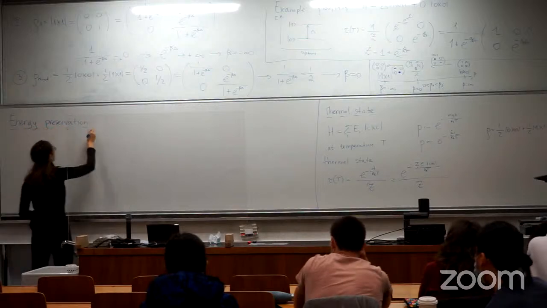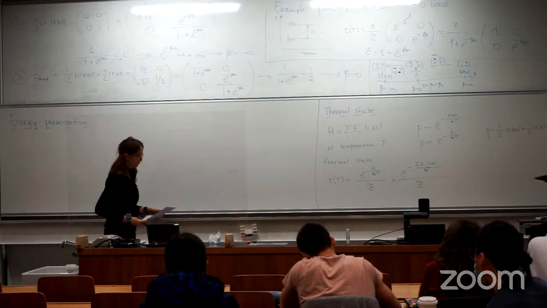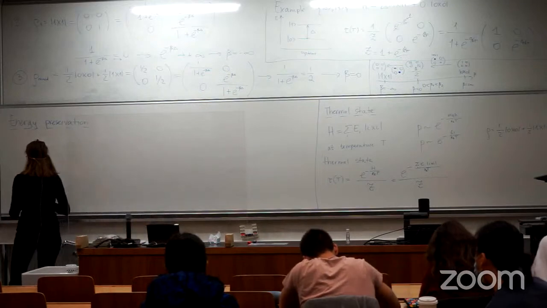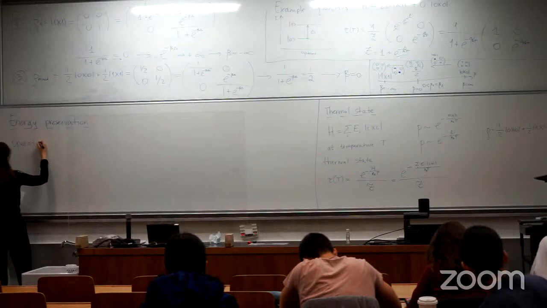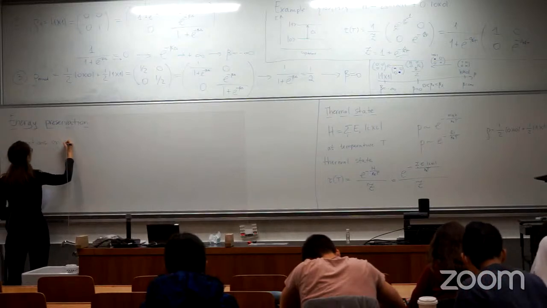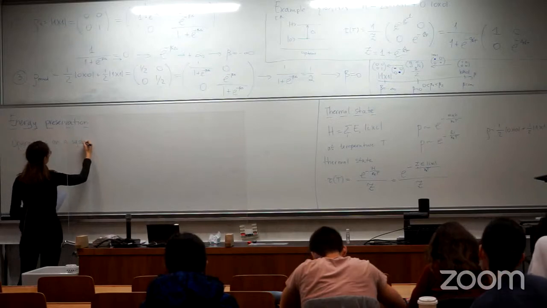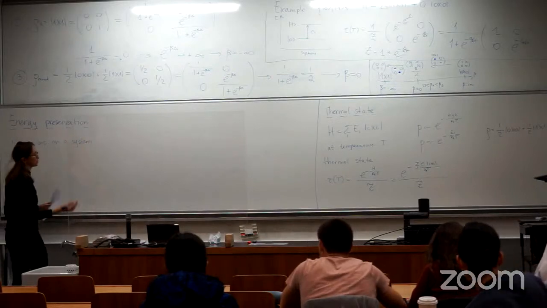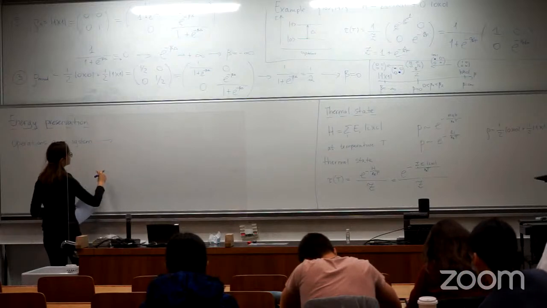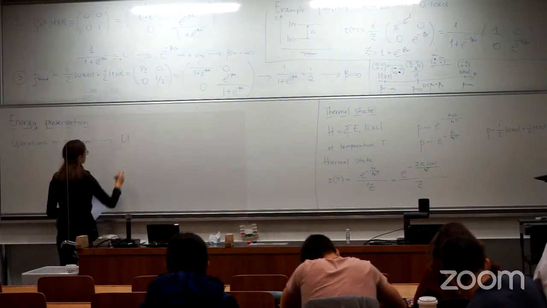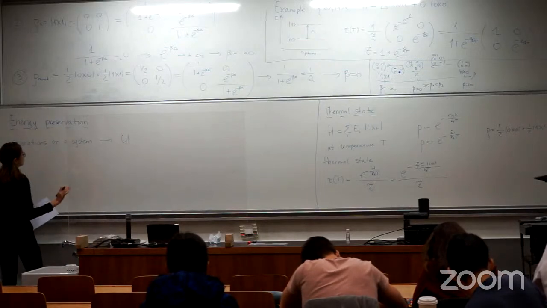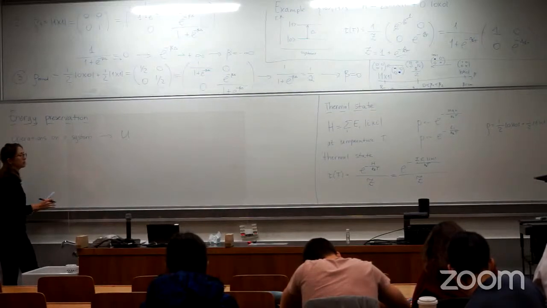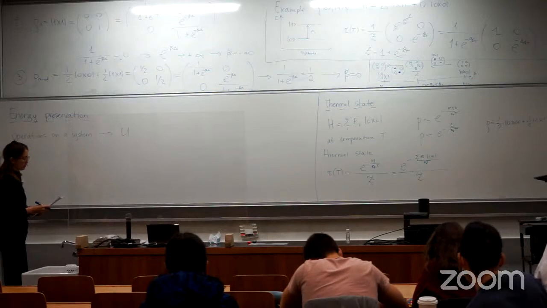So we look at the operations on the system. And because we work in the framework of quantum theory, these operations can be described as unitaries. And now we want to see for which unitaries it holds that, independent of the initial state of the system, the unitary preserves the energy of the system.